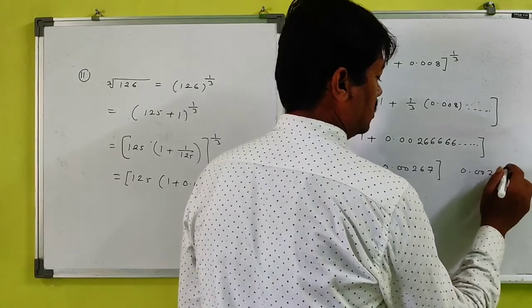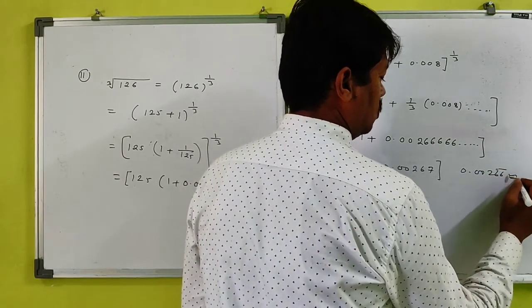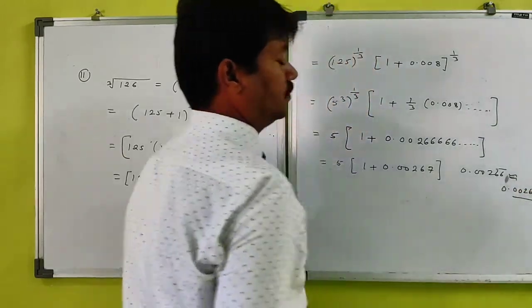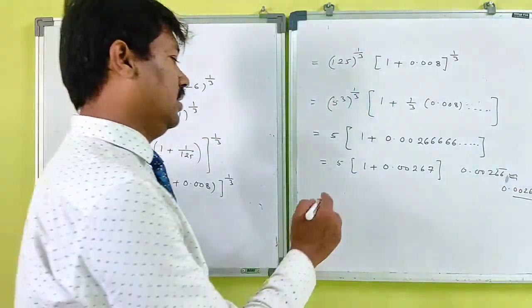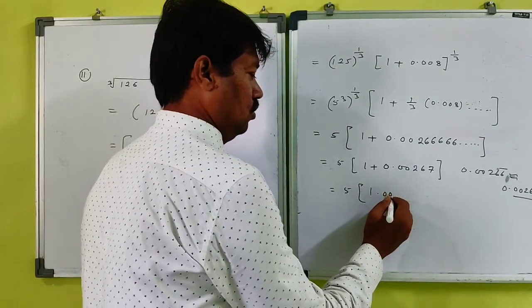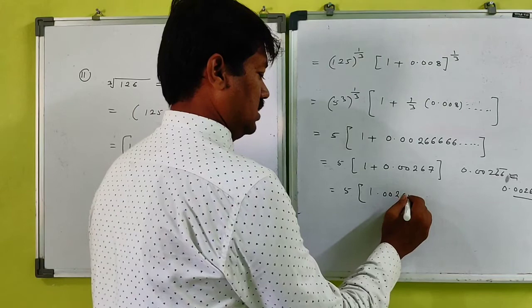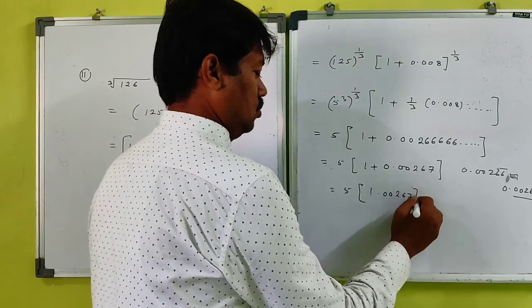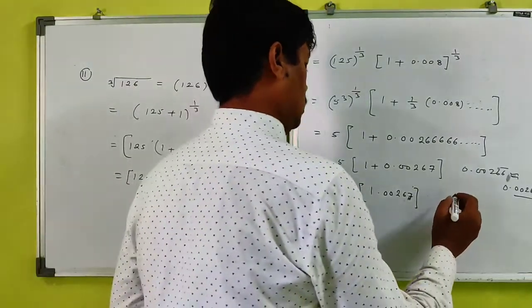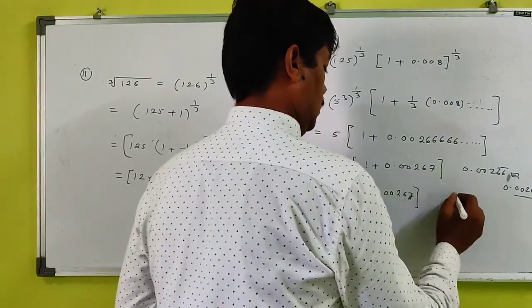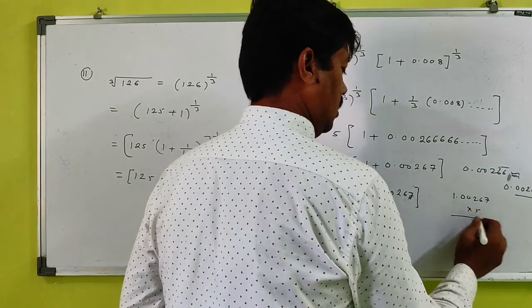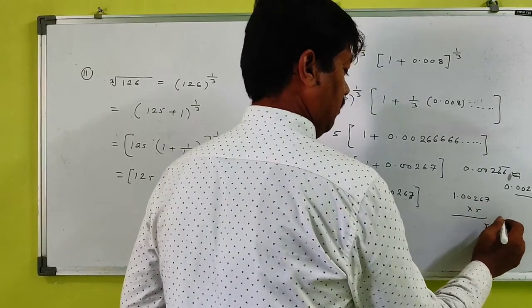So we can write this as approximately 0.00267. When it's added in this, it becomes 1.00267. Then we multiply this by 5.